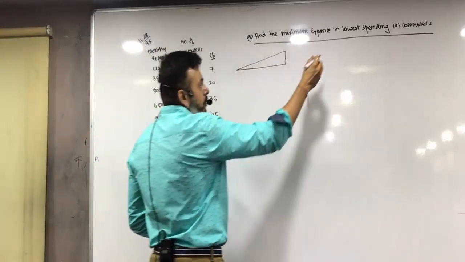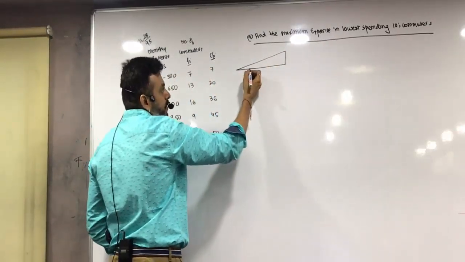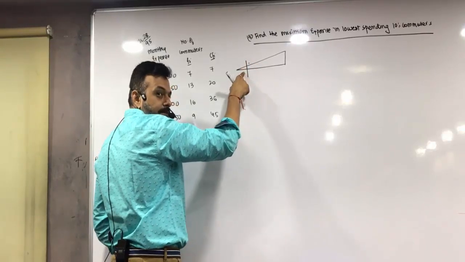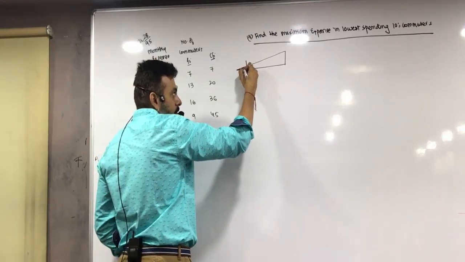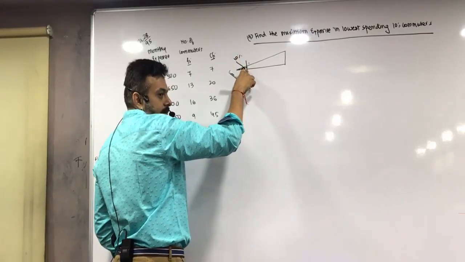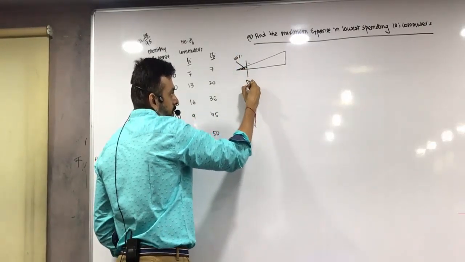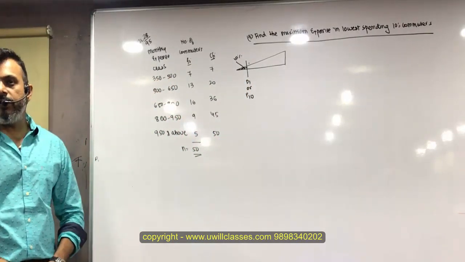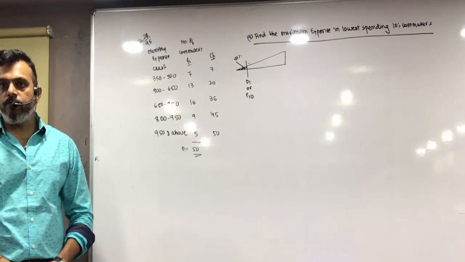Now I want the lowest spending 10%. So this is the lowest 10%. Okay, so over here this is 10%. I want the highest spending among them. So this is D1 or P10. D1 or P10. Understood?